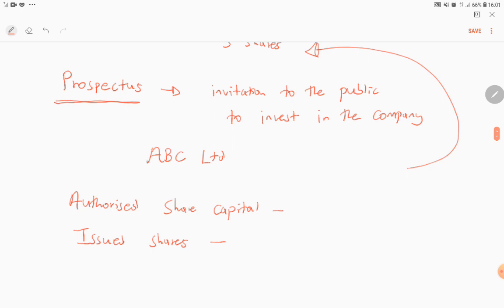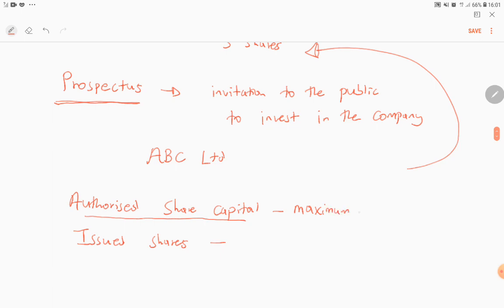So every company has what we call the authorized share capital. This is the maximum number of shares that can be issued by the company to the public.